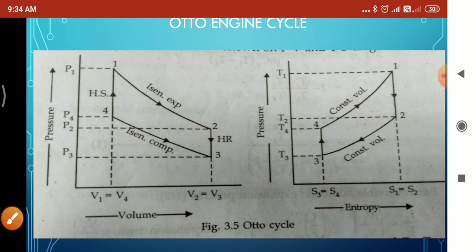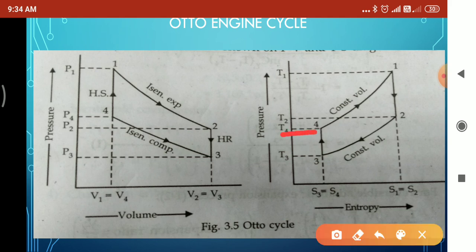In this process, volume remains constant, pressure increases from P4 to P1, temperature increases at constant volume from T4 to T1, and heat is supplied from an external source. This is called constant volume heating.